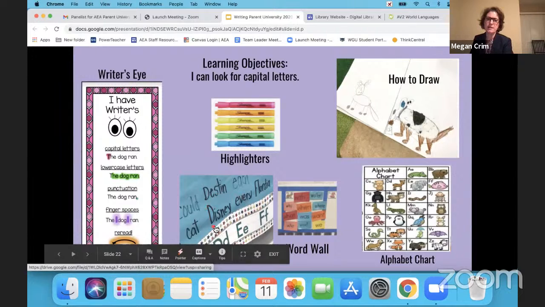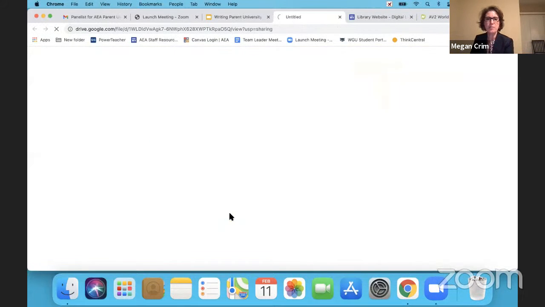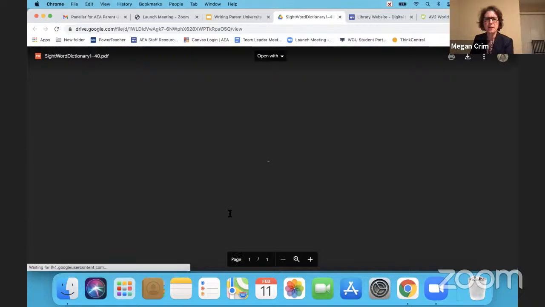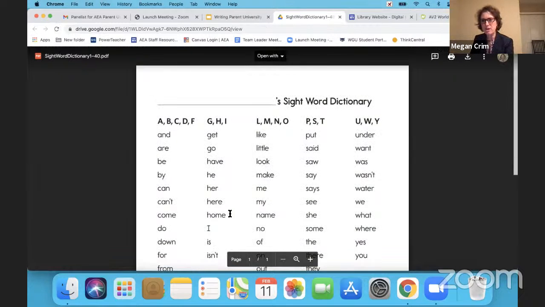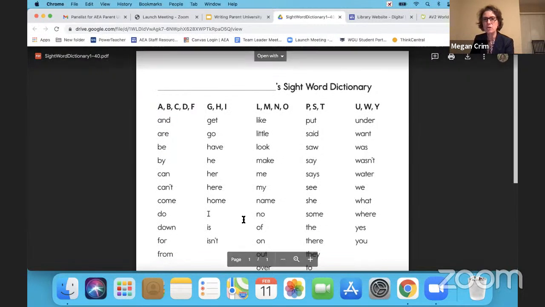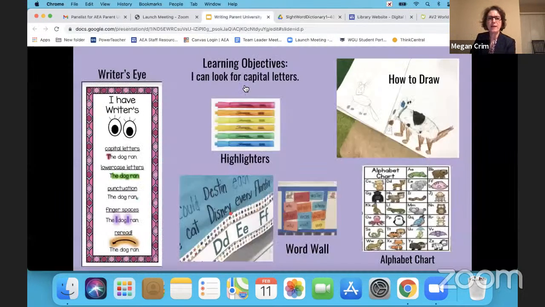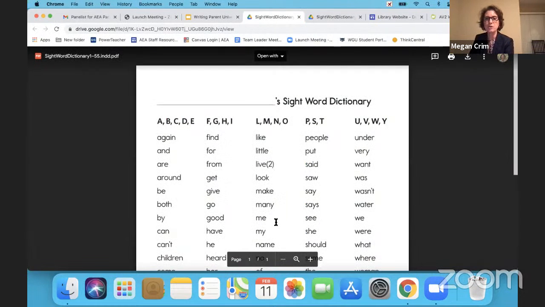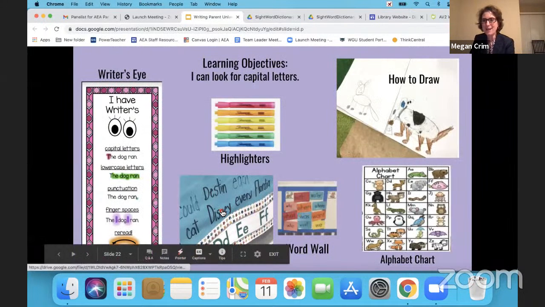Here is another one that I've seen, a strip and a piece of paper. I did link on here, and it should go right to it, a sight word dictionary for first grade. So you can also put this on your word wall. And then this one has more sight words. You can include expert words on your word wall right now.